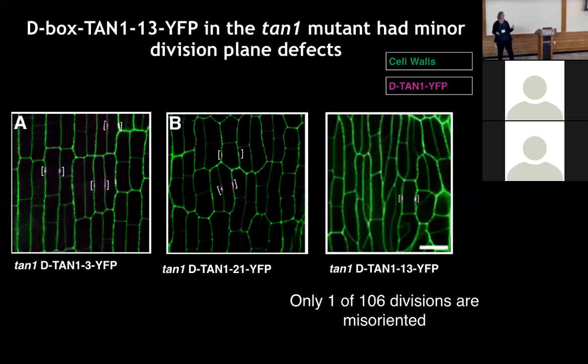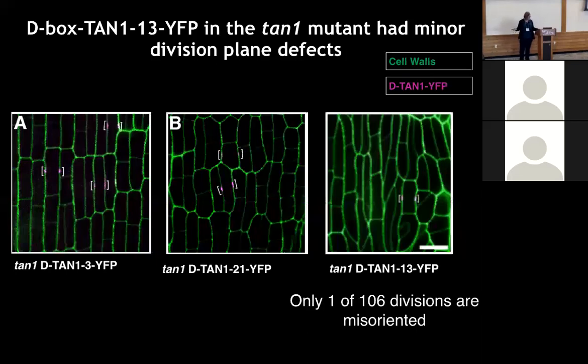This must be the problem with it. But when really talented graduate student Pablo Martinez did 106 time-lapse images, this took a long time, don't ask, it turns out that only one of these divisions was actually misoriented. So this transgenic rescue line, even though we were excited about it, had a very moderate defect in division plane orientation when we quantified it.